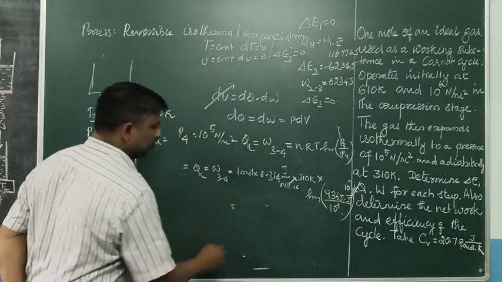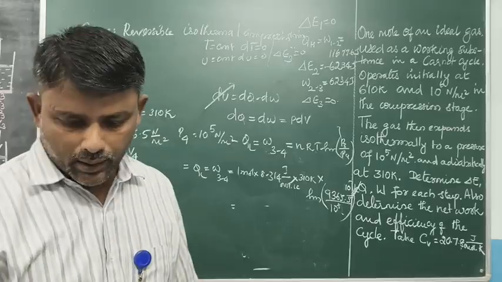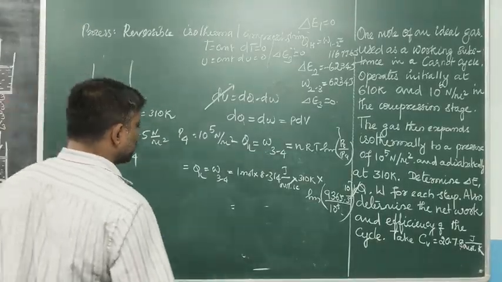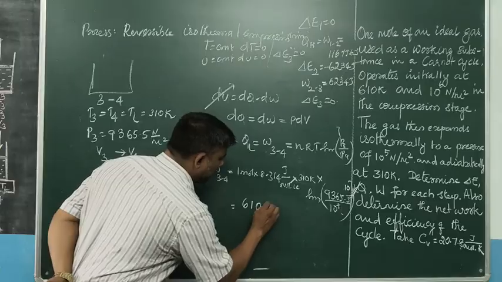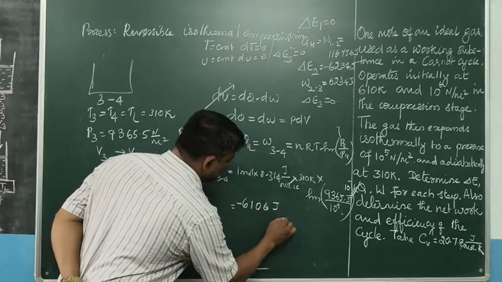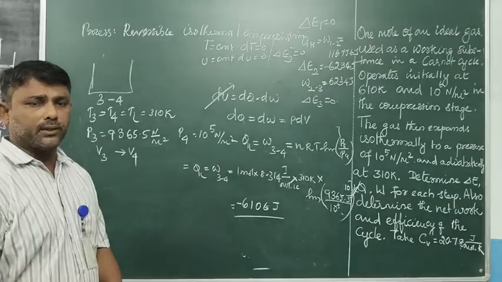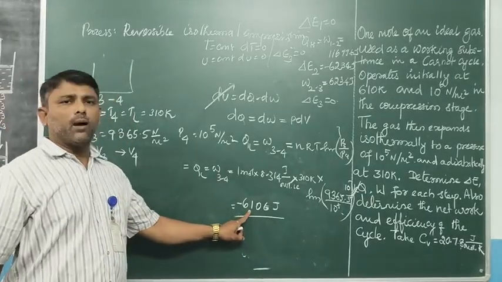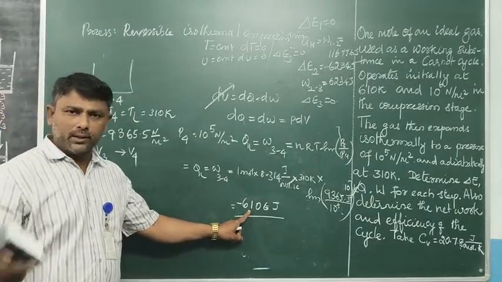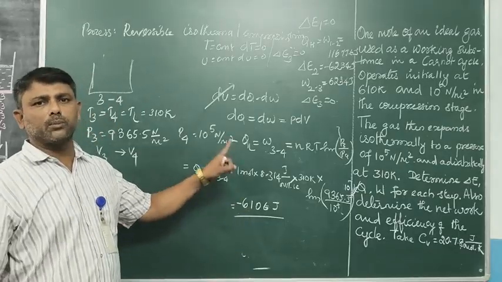The answer becomes minus 6106 joules. This means this is the amount of work done on the system for isothermal compression.